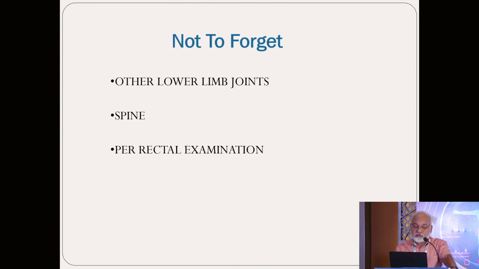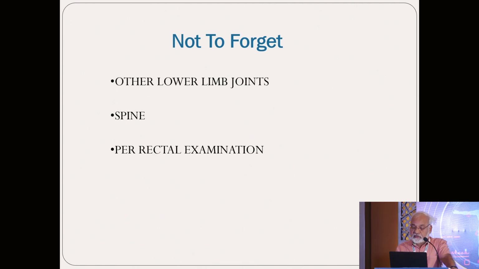But other things we should not forget, like examination of the other, healthier side to compare the things. The other lower limb joints have to also be examined, and the proximal and distal joints, like the spine and the knee joint, also should be examined if the person is coming with hip pain.